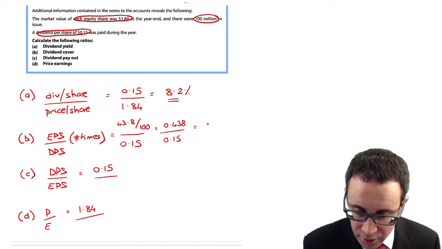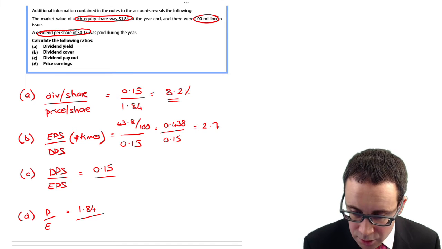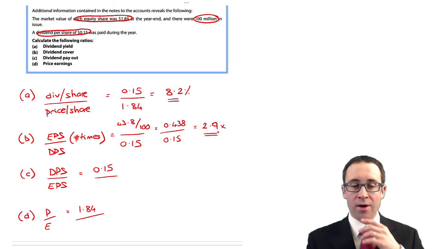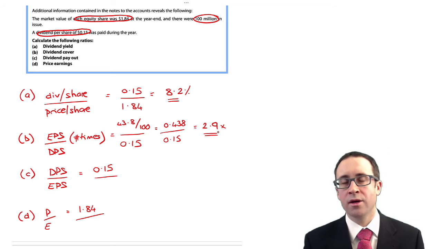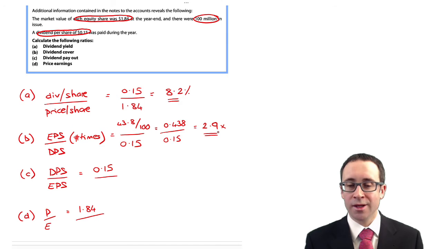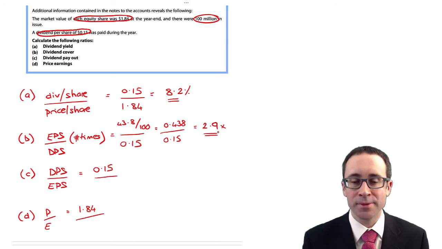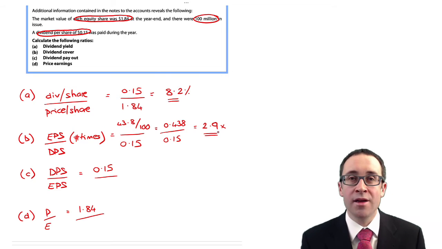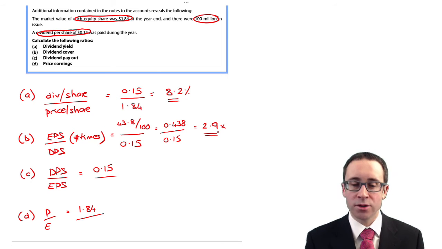So my dividend cover is 2.9 times. Out of my earnings of 43.8 cents per share, that dividend of 15 cents per share can be paid out nearly 3 times. Is that safe? It depends upon the investor, doesn't it?